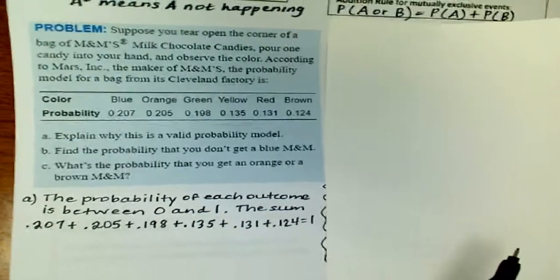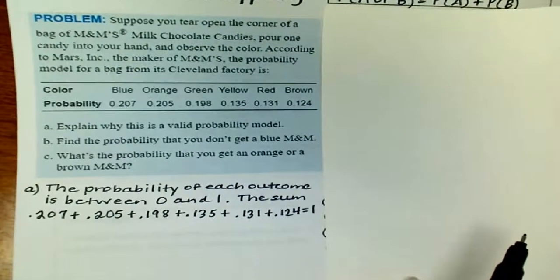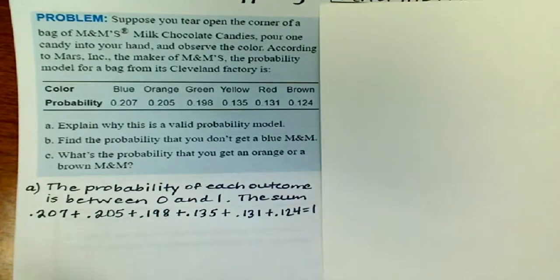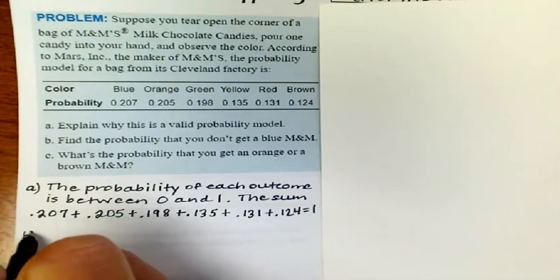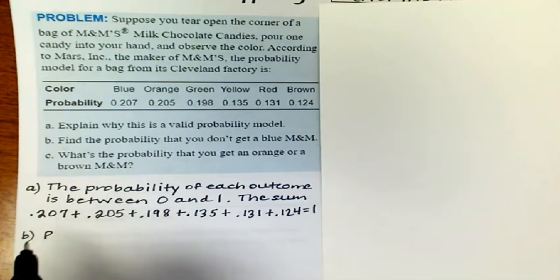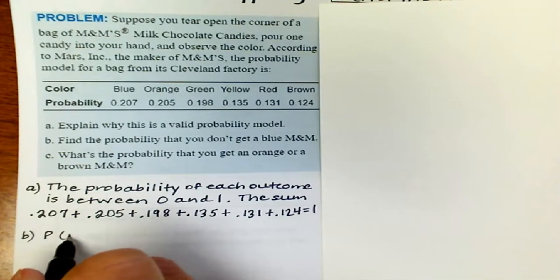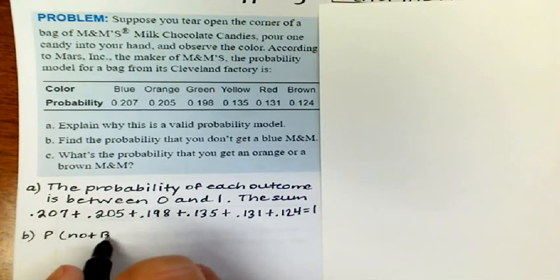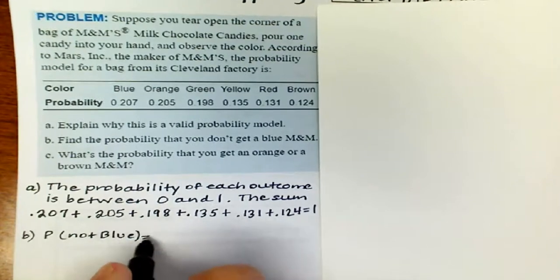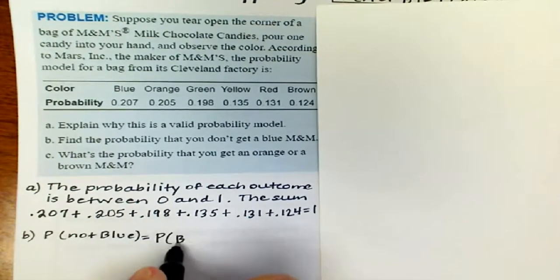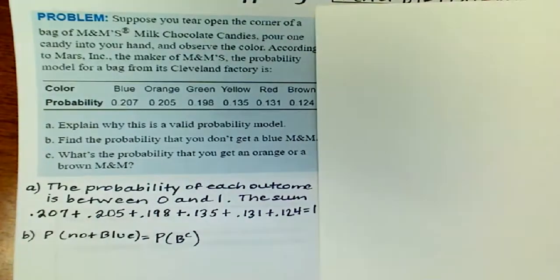Okay, the next part, part B, find the probability that you don't get a blue M&M. So what you could say is you want the probability of not blue. And another way you could say that would be the probability of blue complement. Not blue is the same as the probability of blue complement.